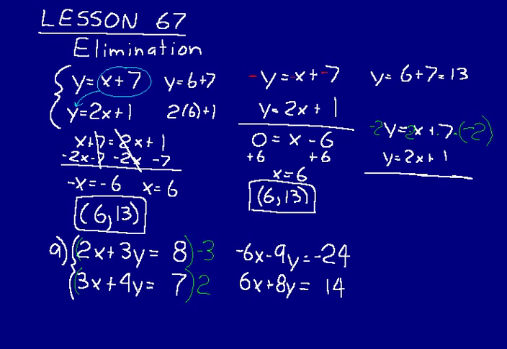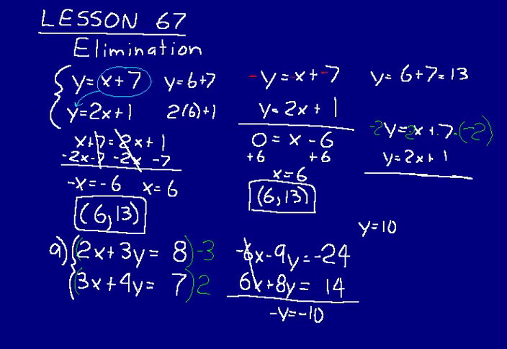Now I'll add those two equations together, and the 6x's cancel, and I'll have negative y is equal to negative 10, or y equals 10. Now I go back and substitute that 10 into either of those equations.